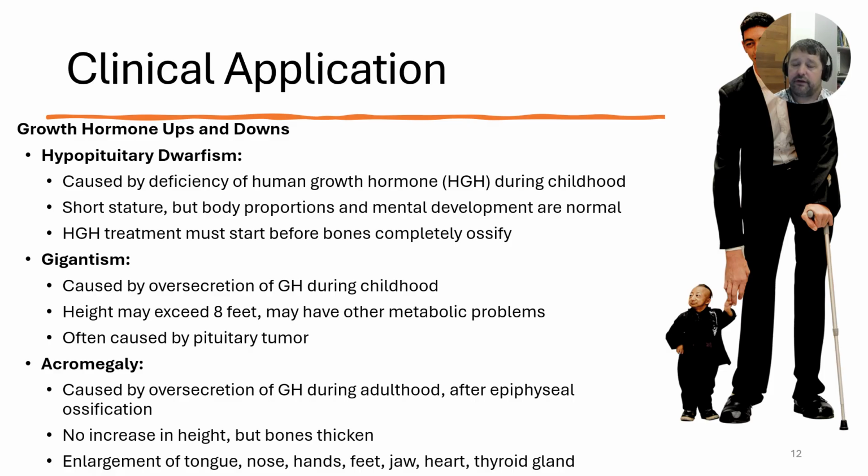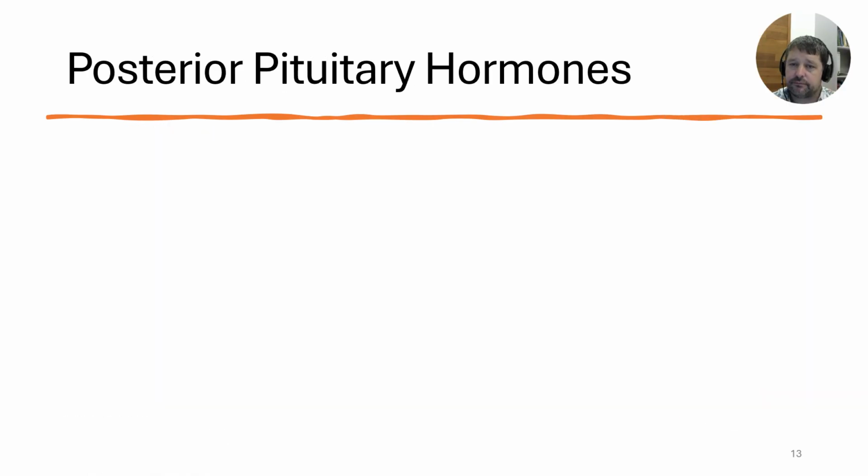Your muscles will thicken, your bones will thicken, regions will become enlarged, so much that often you have complications with potentially breathing, eating, lots of things due to the enlargement of different regions of the body. This also is normally associated with a tumor in the pituitary gland, but a tumor that happens later in life after epiphyseal plate fusion.